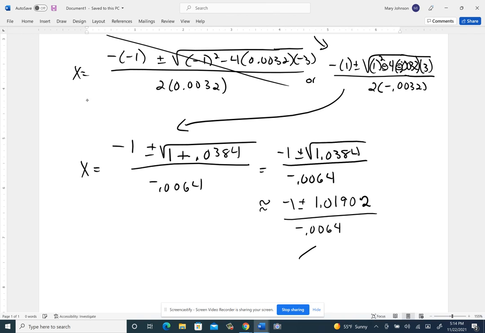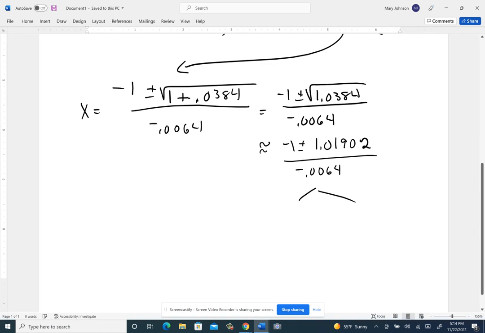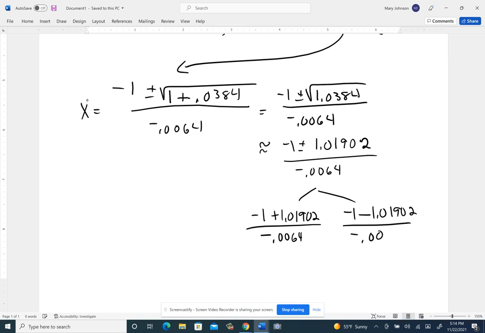But then here you've got to be careful because you have to do -1 plus 1.01902 over -0.0064, and you have to do -1 minus 1.01902 over -0.0064. I just kept a little bit more accuracy when I approximated that square root, just to minimize the round-off error I might get.